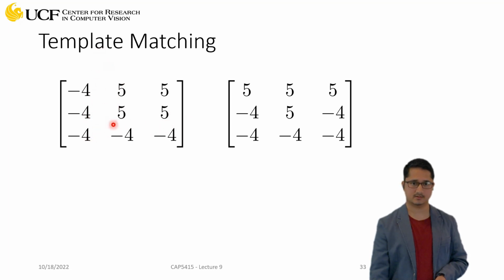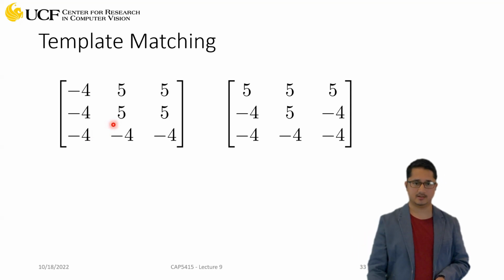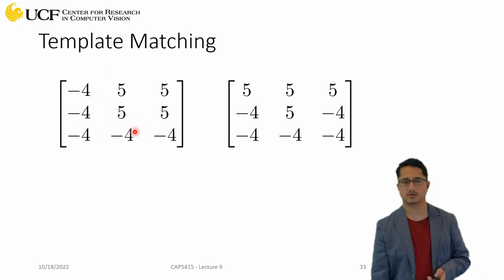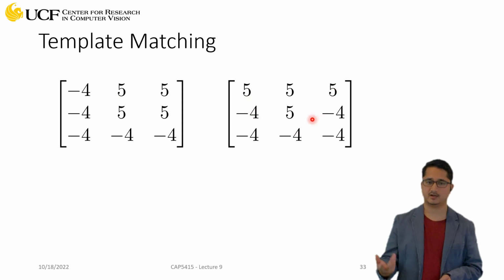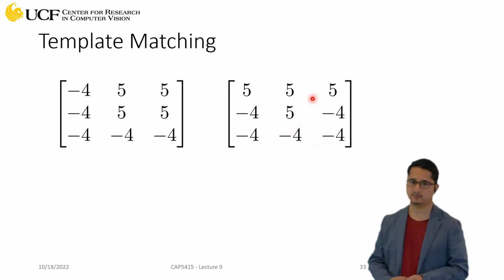And if you put this patch or this kernel on your input image, and you have a corner like this, it will be able to identify that because that's the pattern we are looking for. Similarly, this particular template here will look for corners which are in this direction. Similarly, you can create other templates, you can just keep rotating these values. And whenever you have a matching corner, these templates will be able to match it.